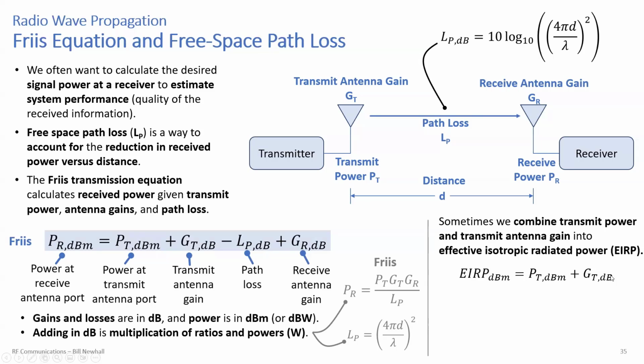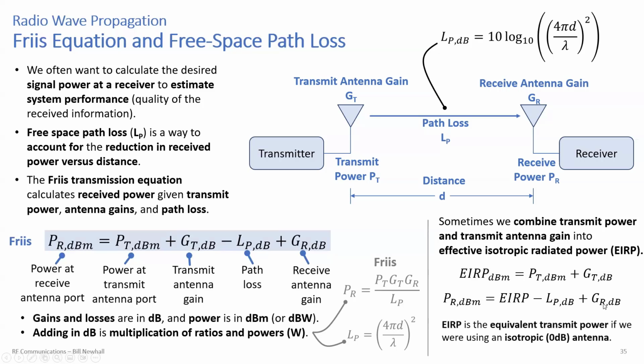So you combine those together. You'll hear sometimes a transmitter system has so much EIRP, where you're applying for a license for a transmitter, and they'll ask, what's the EIRP? And then the received power is EIRP, which is PT GT, minus LP plus GR.